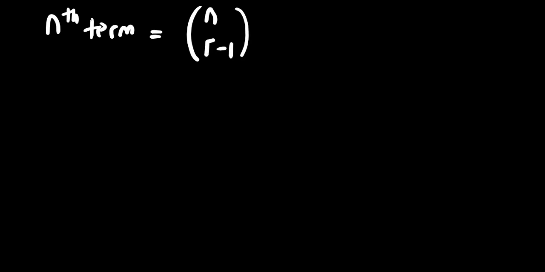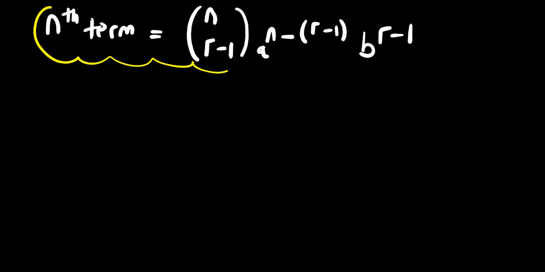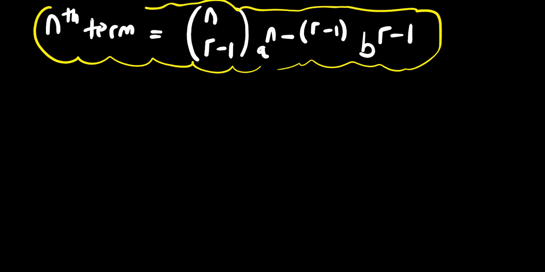For the first term it's going to be n minus r minus 1, then b to the r minus 1. So this is the general formula for finding the nth term, or a specific term, in a binomial expression.